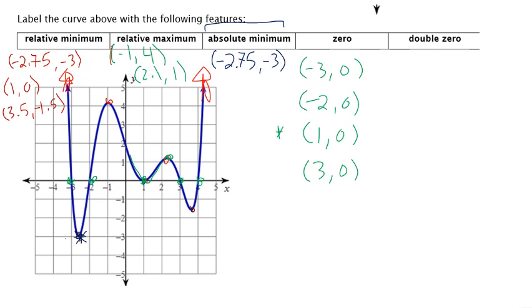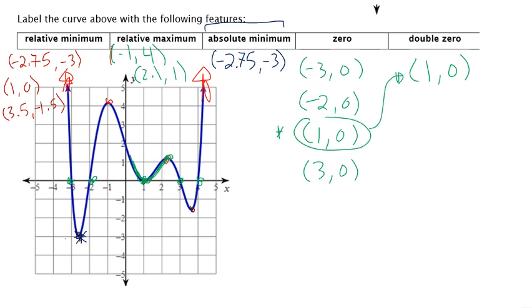Now, double zeros are when it simply hits the x-axis and bounces, but doesn't pass through. So you can see at 1, 0, it's just touching at that point. It doesn't pass through. So 1, 0 is actually considered a double zero.